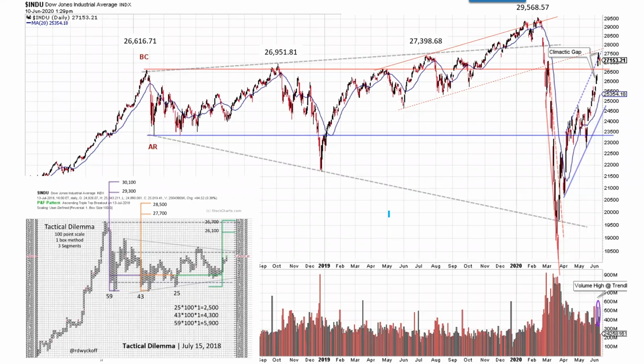Here's a tactical dilemma. This is what I believe to be the very important structure that was defined by the January buying climax peak in 2018. So much of what's happened in the markets is really informed by this buying climax and this automatic reaction, resistance, support, and how the market has basically revolved around this area with widening volatility.